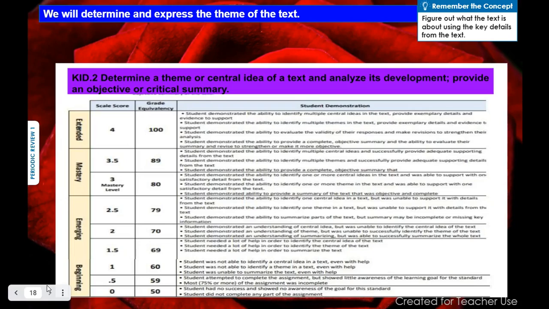So, do you have the ability? Can you demonstrate the ability to identify multiple central ideas and themes in the text and how they are developed in the text? You're looking at how the events support each other. So you're going to pick out the key events, right?